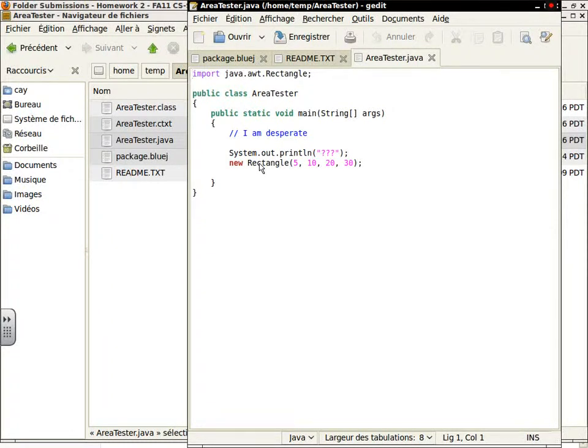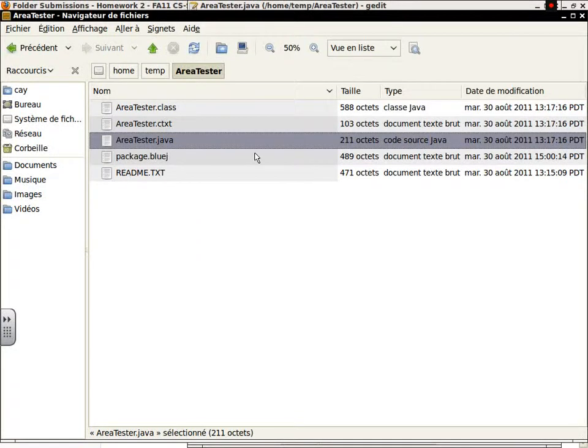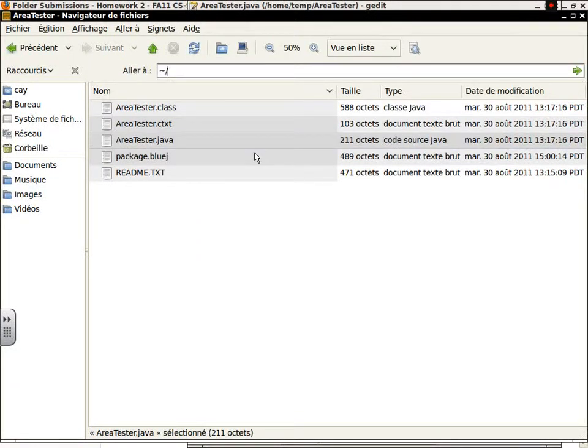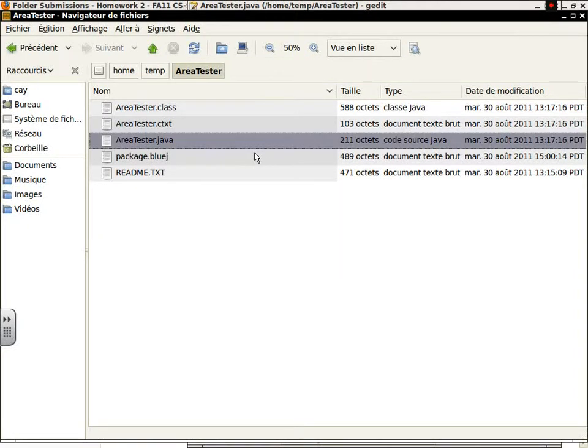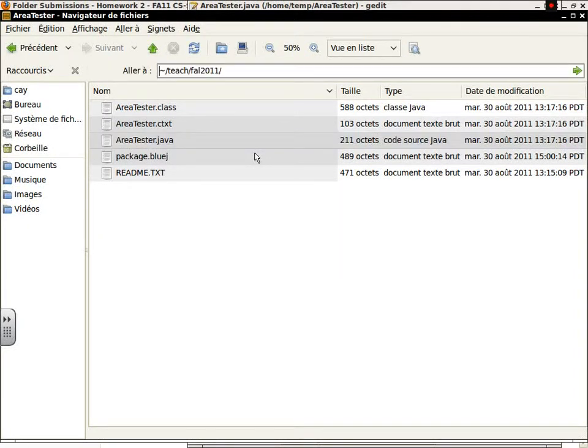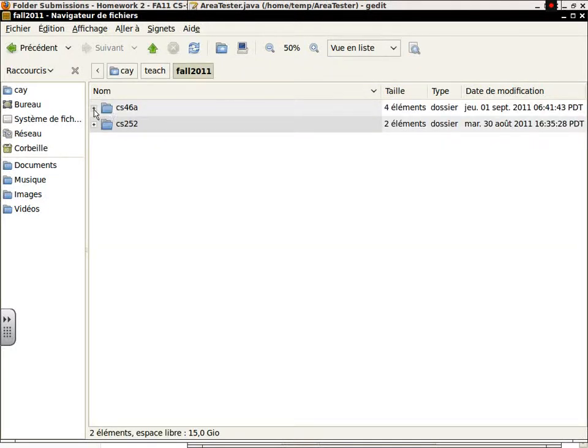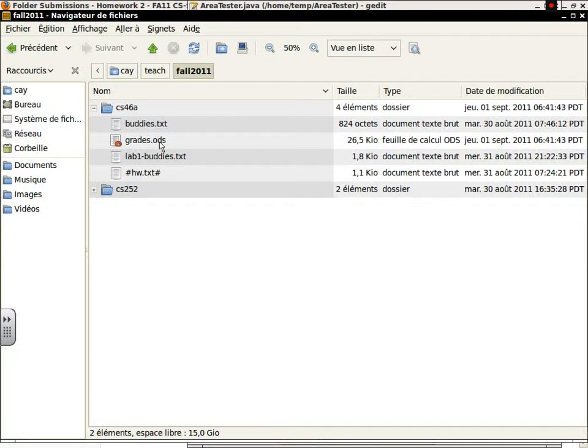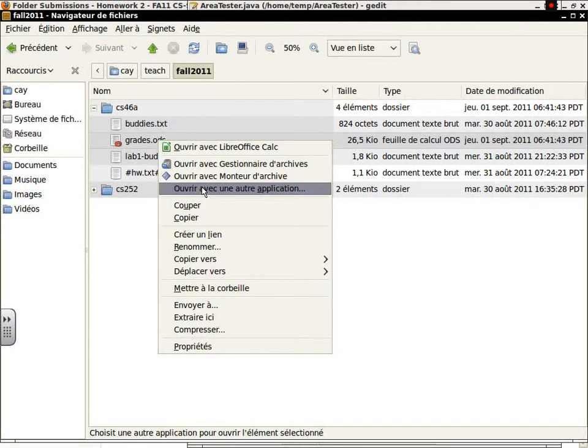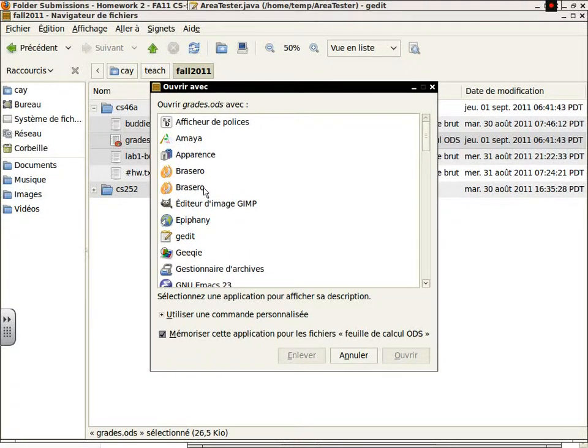And you can verify that if you take a document. Let me see if I have one somewhere. Here I have one like a spreadsheet. I'm going to open it with the text editor.